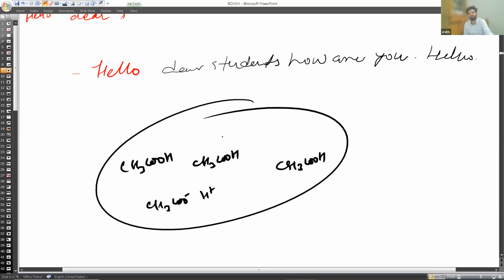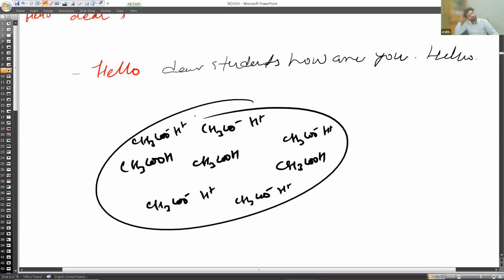Some of them are going to dissociate like this, and others remain in their original form, CH3COOH, without dissociation.